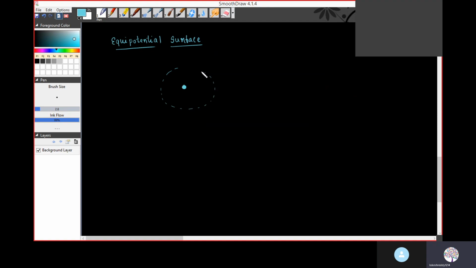On this sphere, it creates an equipotential surface because charge is same, distance is same. That means every point on it will have equal potential. At this point potential is kq by r, at this point also kq by r, so it creates an equipotential surface.